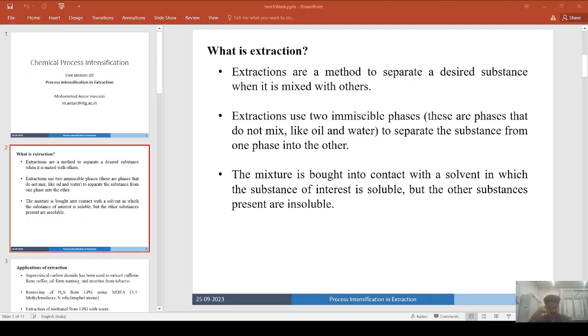So you need to extract your desired substance from the bulk matrix which is of less desire. The mixture is brought into contact with a solvent in which the substance of interest is soluble, but the other substances present are insoluble.